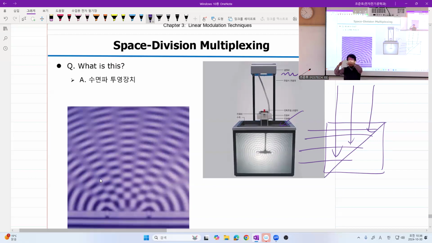If its surface goes up, then what happens? It's like concave lens. If it goes down, it becomes convex lens. So the light sometimes focuses, sometimes widespread. That's why you have this kind of pattern in your view.